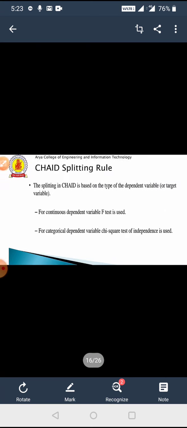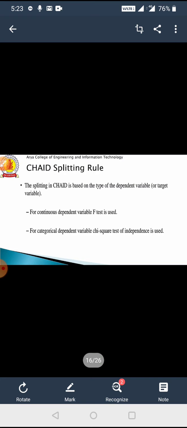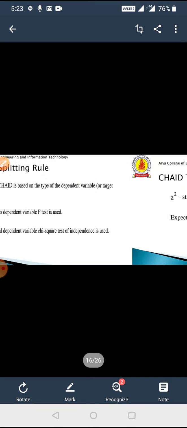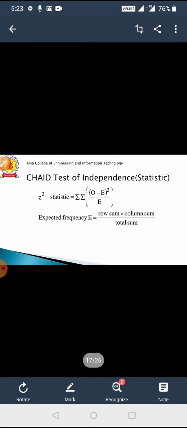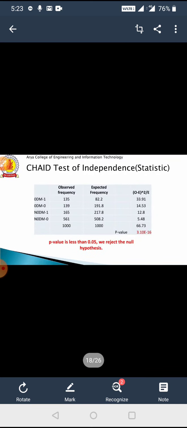CHAID is the first representative of an exploratory technique for investigating large quantities of categorical variables. CHAID splitting is based on the type of dependent or target variable. Here we use the chi-square test, which is given by the sum of (O minus E) squared upon E, where the expected frequency E is given by row sum times column sum upon total sum. This is one example of CHAID.